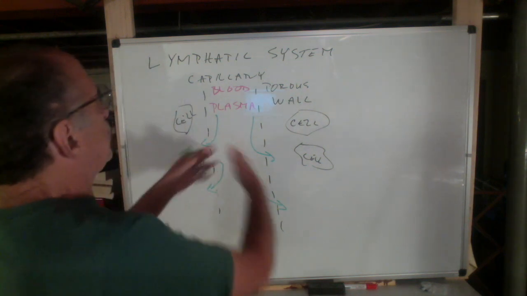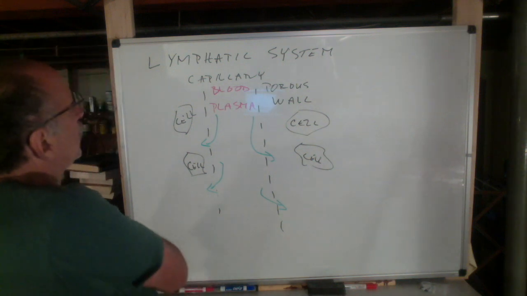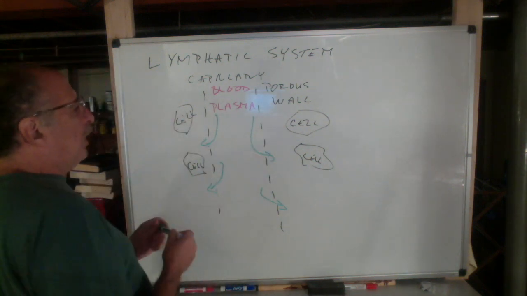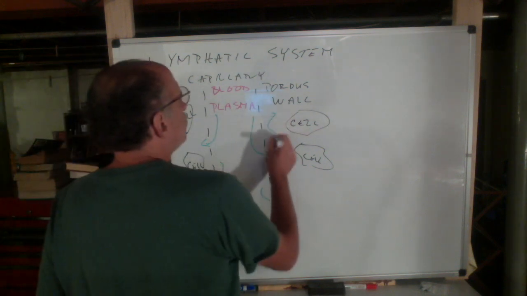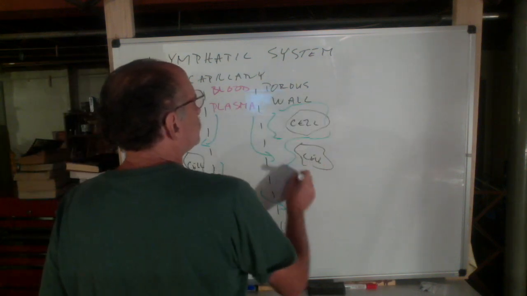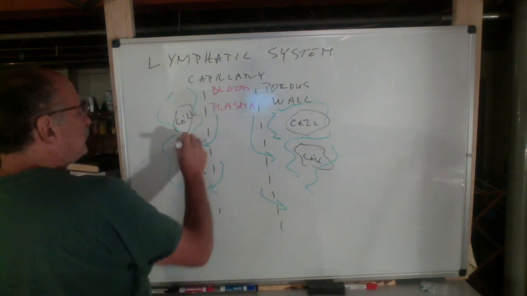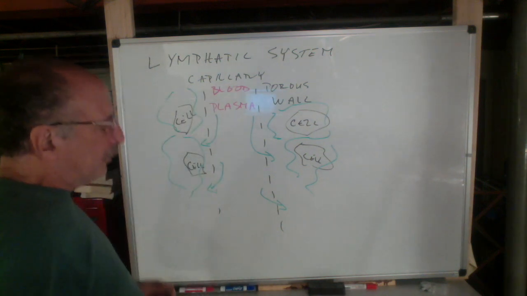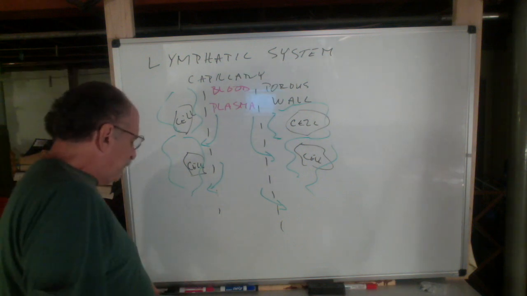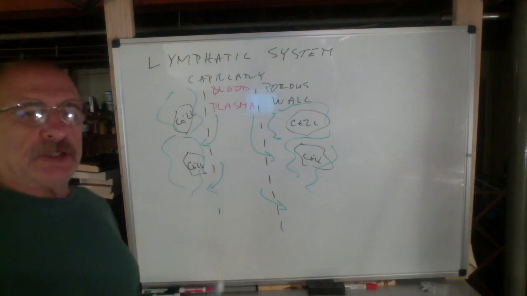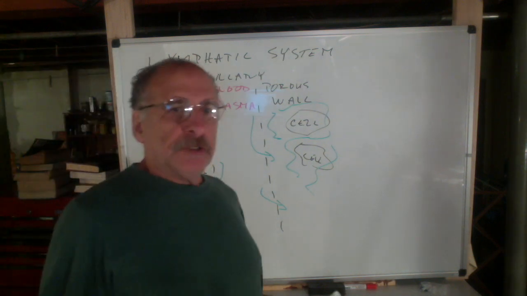The fluid's leaking out. Now, once the fluid leaves the blood vessel, it collects, you could say, around the cells or between the cells. So the cells end up being bathed in fluid.